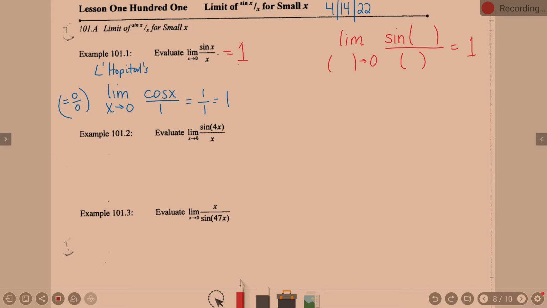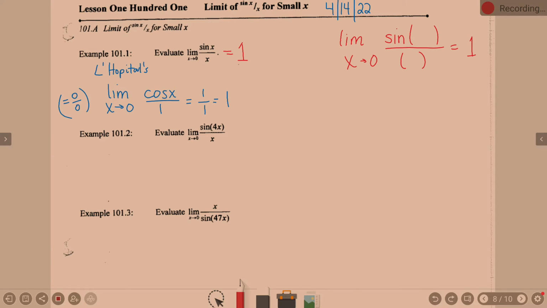And I probably should have x in here for x approaches 0. Keep in mind it doesn't have to be x though, does it? So the limit as x approaches 0, or whatever variable, of the sine of said variable over the same said variable is going to equal 1.